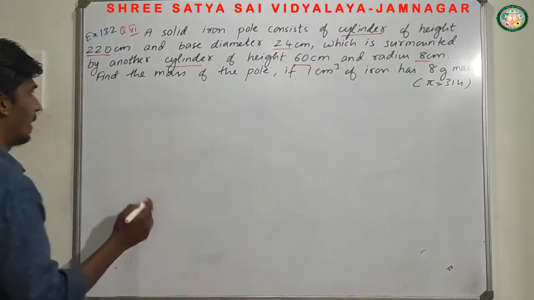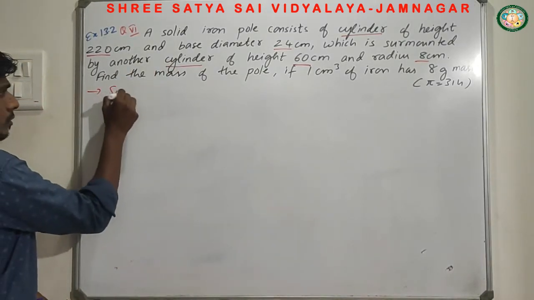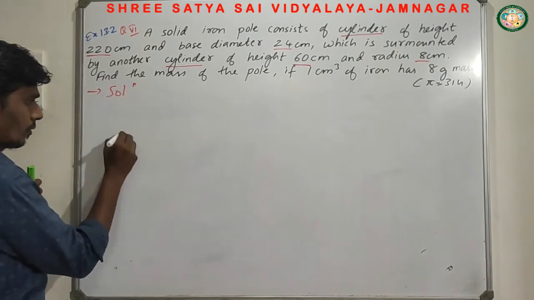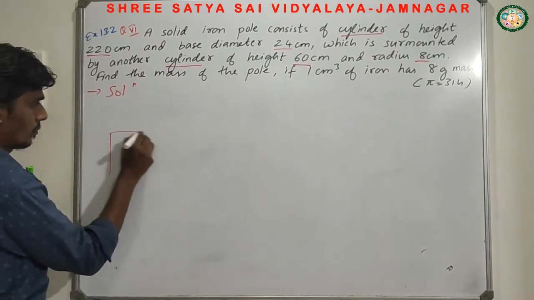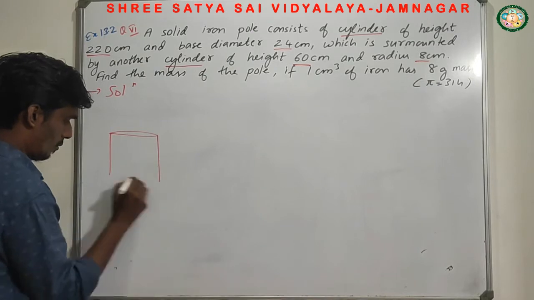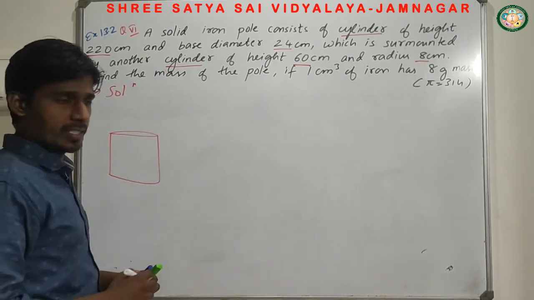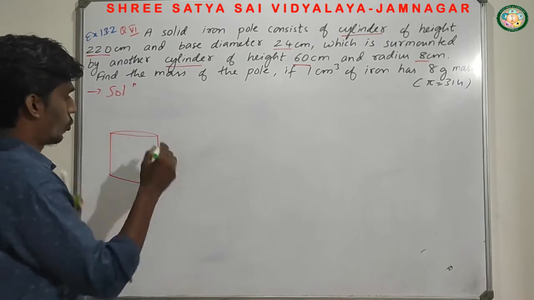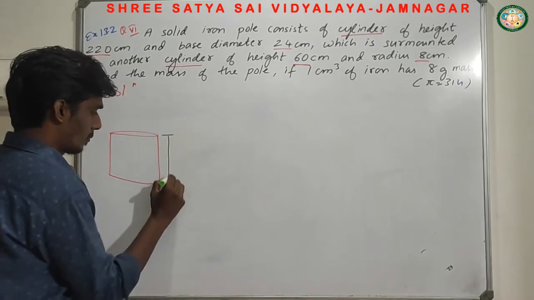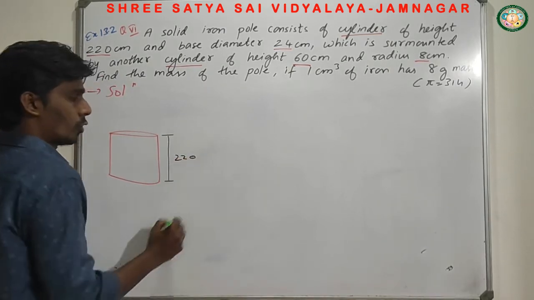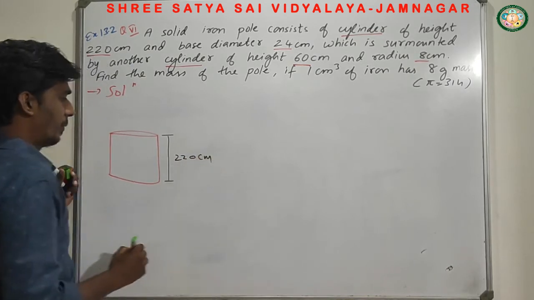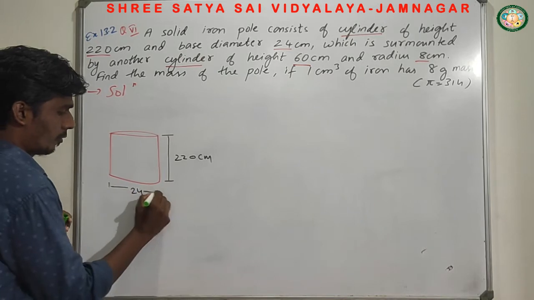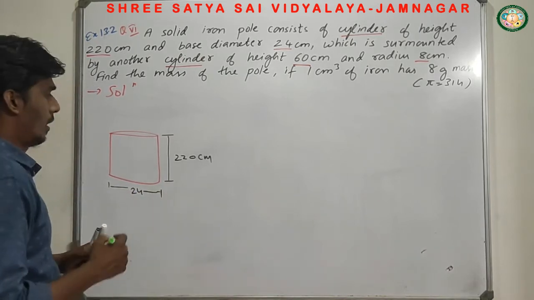So let's draw a diagram according to that. Its solution. This is the first cylinder. Its height is 220 centimeter and its diameter is 24.